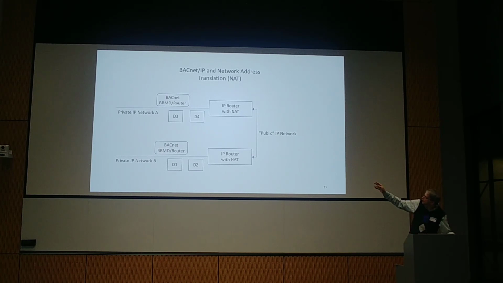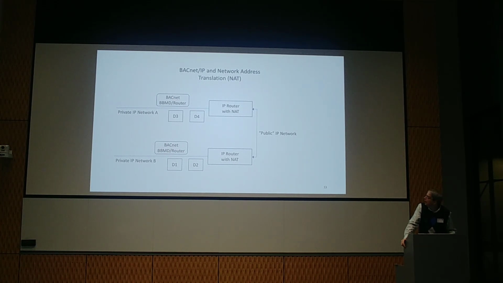And off to the left, we see that there are 2 BACnet IP subnets. They're both labeled as private networks. So we need to add these things called BBMD routers in order to allow us to bridge the 2 private networks that have BACnet devices on them.